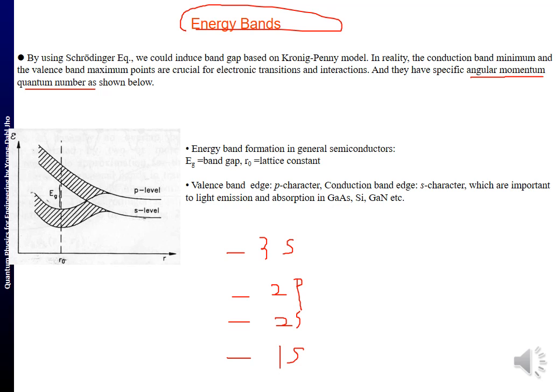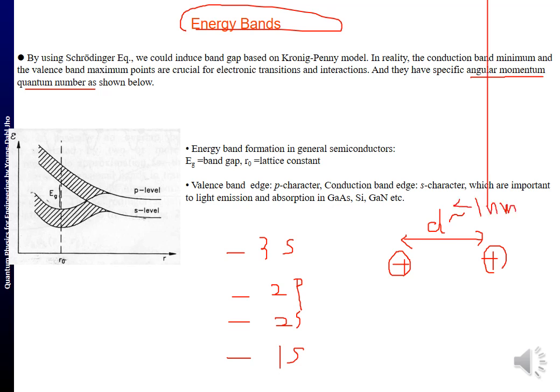Isolated atom means, let's say we have an ion here, another ion here. In a crystal, they have a separation defined by the lattice constant. This lattice constant is actually pretty small, smaller than 1 nanometer.